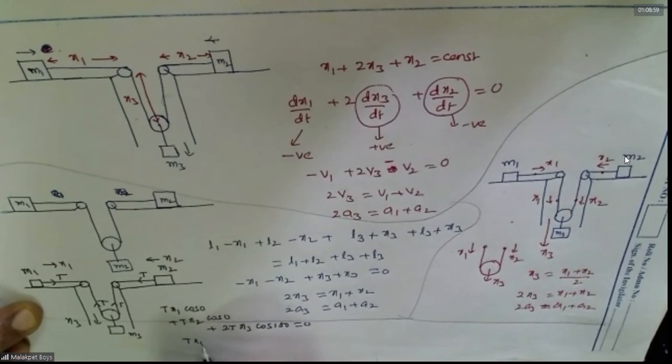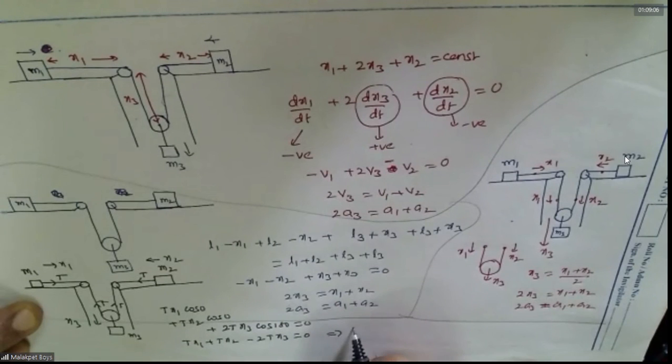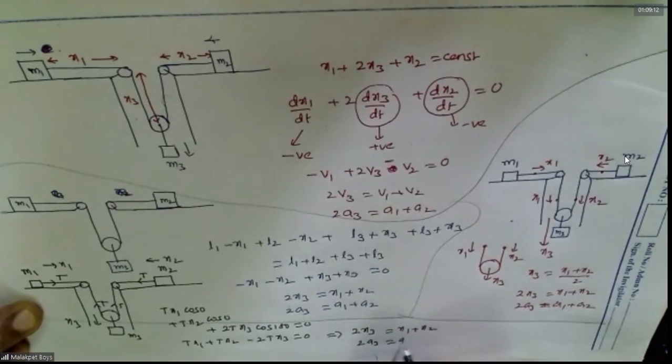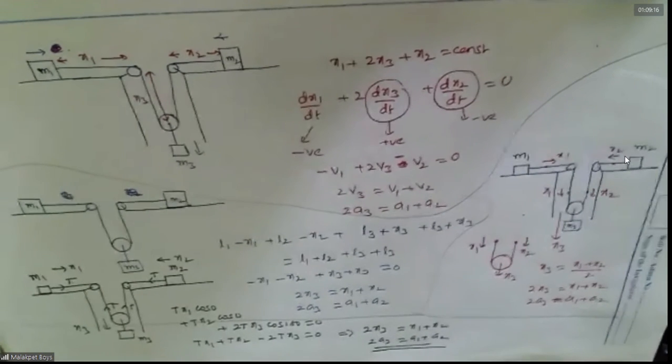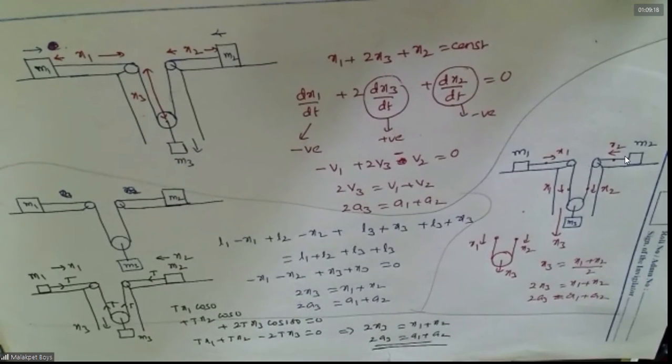So Tx1 plus Tx2 minus 2T x3 is 0. So what does this give? 2x3 equals x1 plus x2. Differentiating once again, what do you get? Same answer. Understood? Yes, sir. Four methods? Yes, sir.